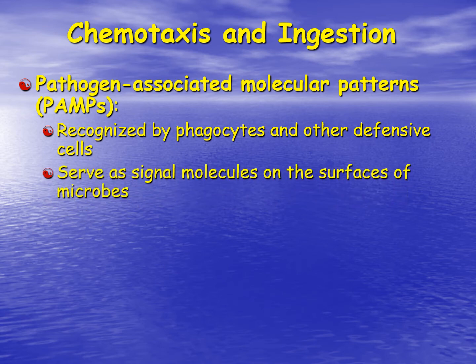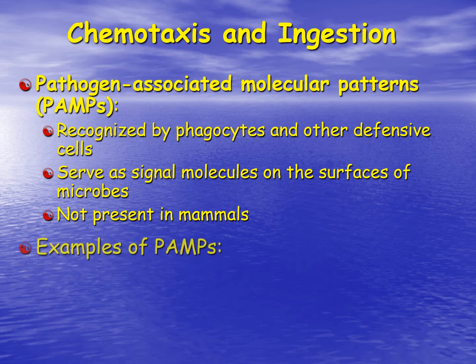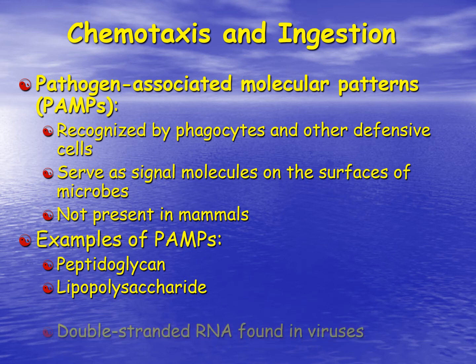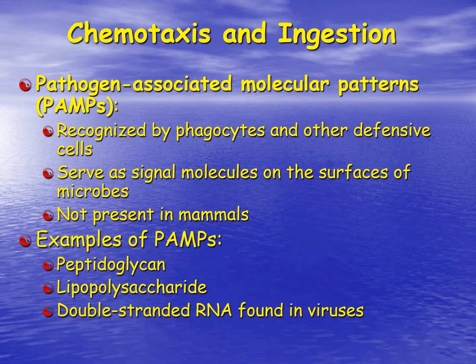And they serve as a signal molecule on the surface of the microbe. They are not present in mammalian cells. Some examples of these PAMPs include peptidoglycan, the lipopolysaccharides found in the gram-negative outer cell membrane, and double-stranded RNA found in certain viruses.